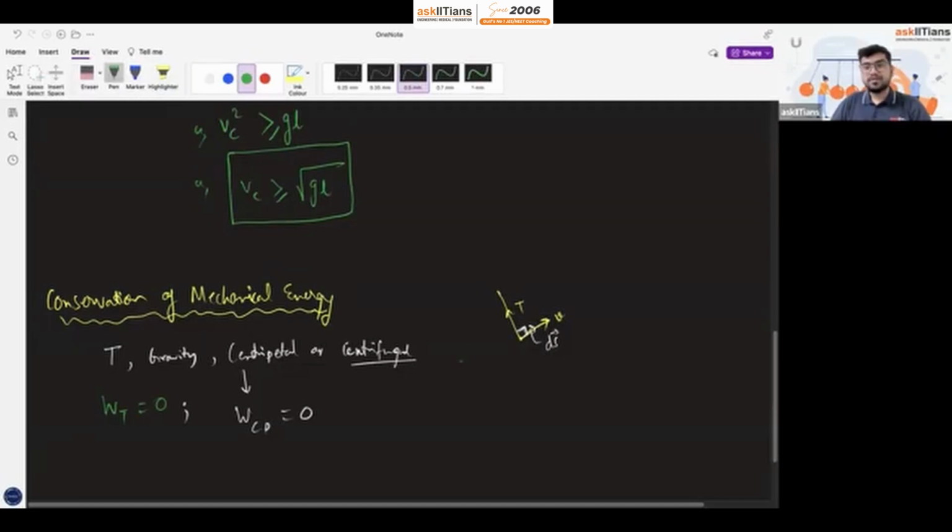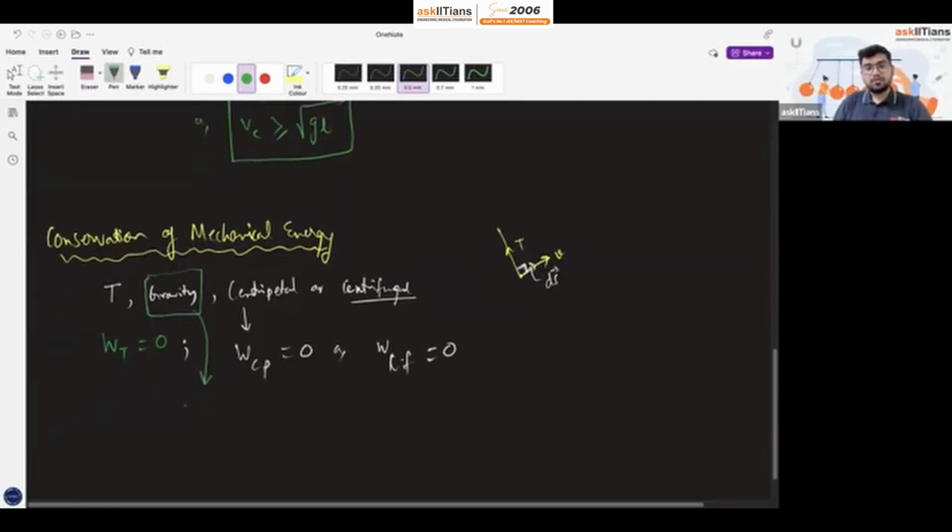We know that centripetal and centrifugal forces act along the radius, and the radius is perpendicular to the tangent of a circle. So again you get the work done by centripetal or centrifugal force, CF, to be zero. Now what remains is gravity, and gravity is a conservative force.